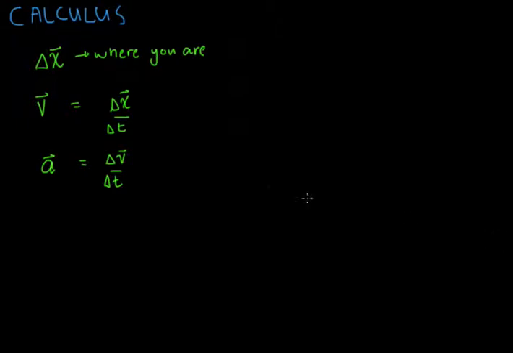You might remember how before I said your velocity, this is really your velocity average. Let's say your displacement is changing. And let's say you're also accelerating. Your velocity is changing every second.